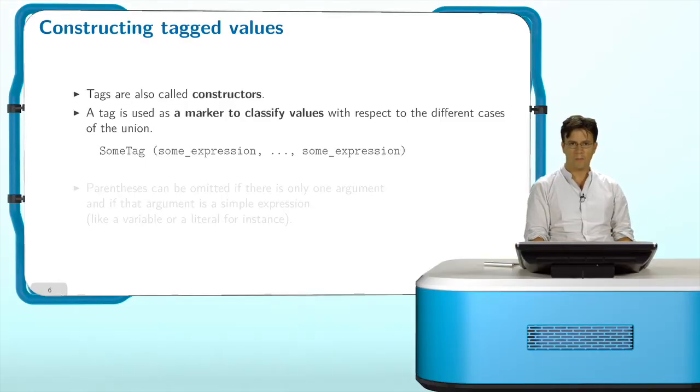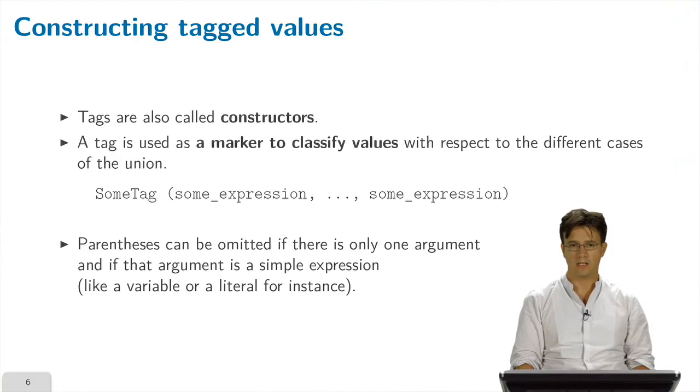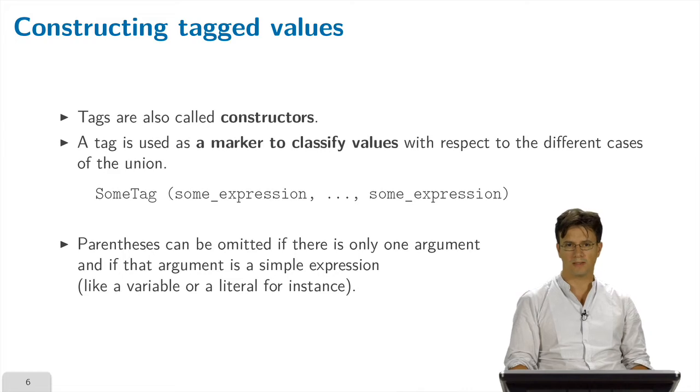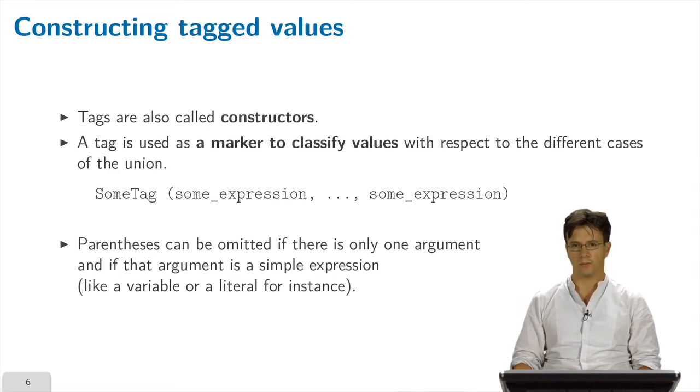So the tag will be a marker that will be used to classify values during the execution of the program. The syntax to mark or to tag a set of values is just the following one. You first write the tag, and then between parentheses, you write the different components that must be tagged, separated by commas.